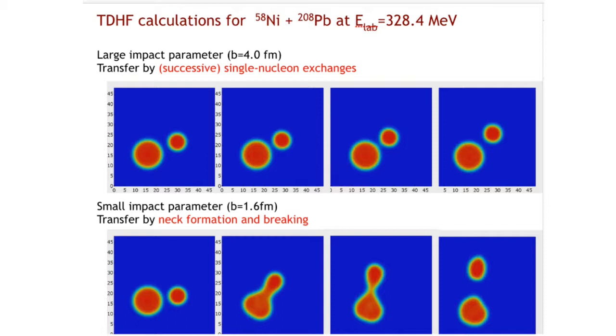Even with such collision, one or two nucleons are exchanged, so it's a peripheral collision. And at small impact parameter, it's 1.6 femtometer. So once the thick neck is formed, and then neck breaking gives some transfer of nucleons.